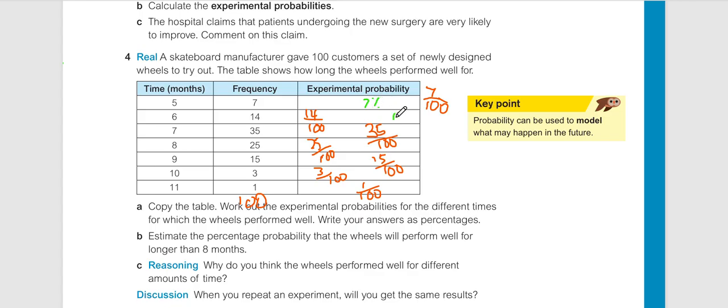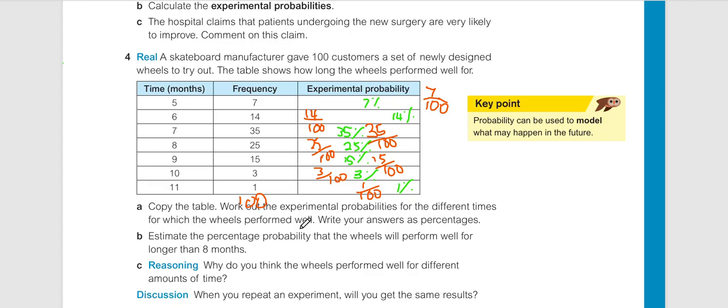Second one, it's 14%. Third one, it's 35%. Next one is 25%. Then 15%, 3% and 1%. Is it clear?